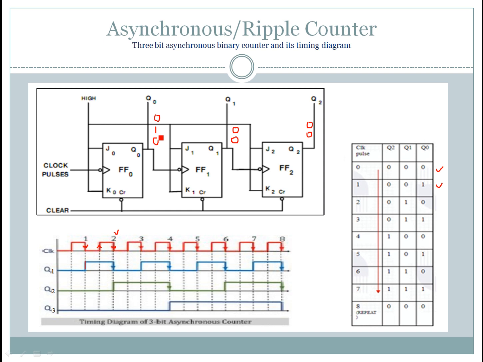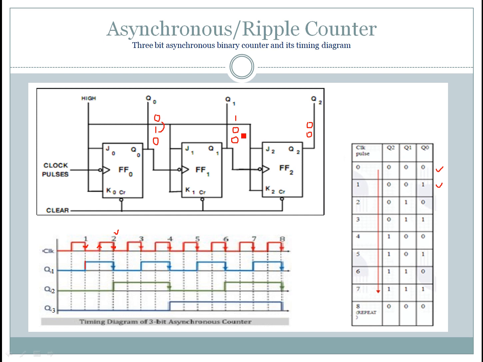So now the Q0 output is 0. So what about the output of FF1? Now the transition is 1 to 0. So 1 to 0 is nothing but a negative edge. So now FF1 changes its state. That means it changes its output from 0 to 1 now.